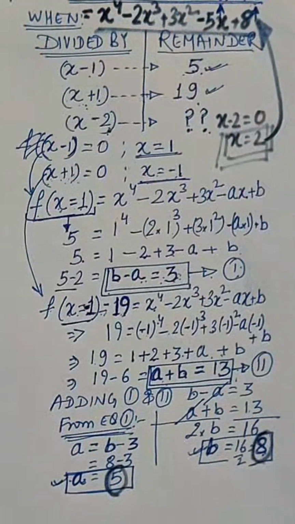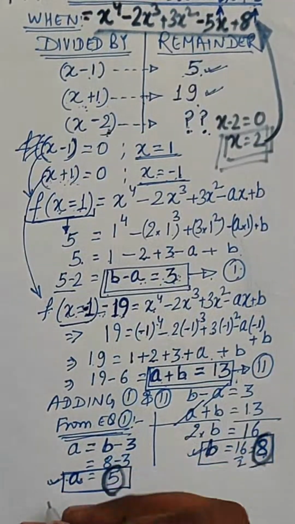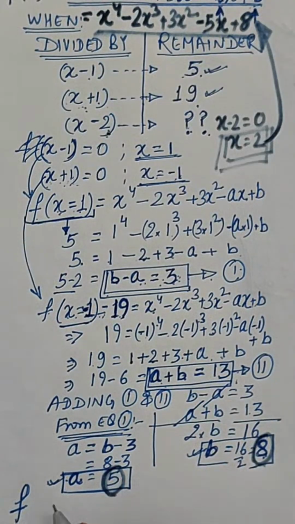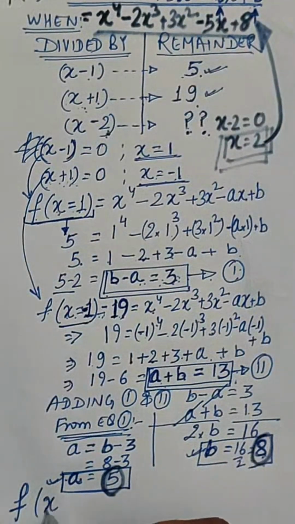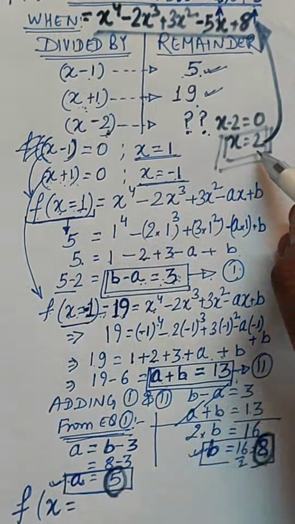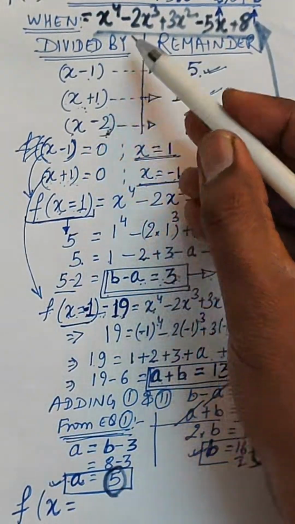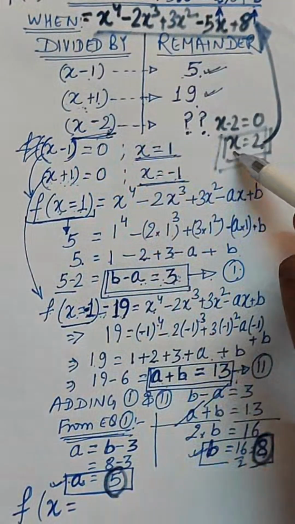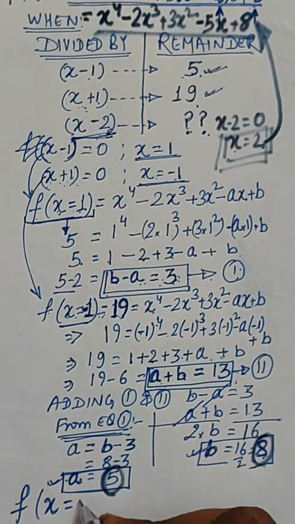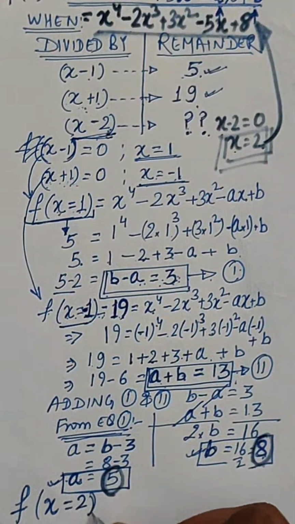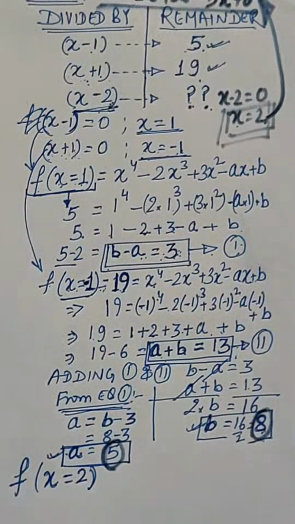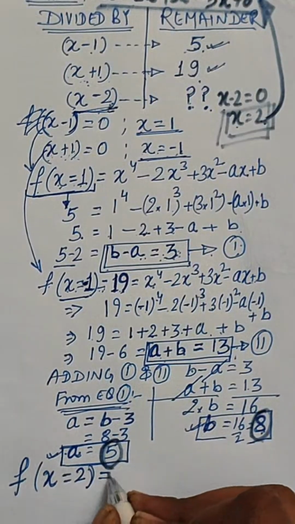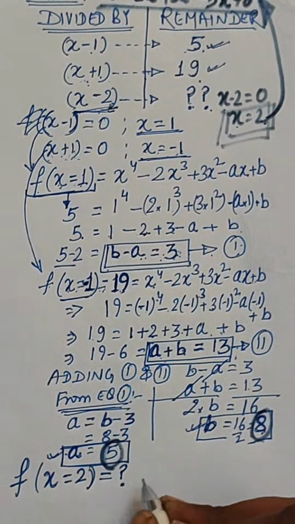Now from here, what will be the remainder? We put the value of x equal to 2, because when considering x minus 2 as a factor, we get x equal to 2. So just put x equal to 2 over here. When you put x equal to 2, the remainder will be equal to how much? This was the question.